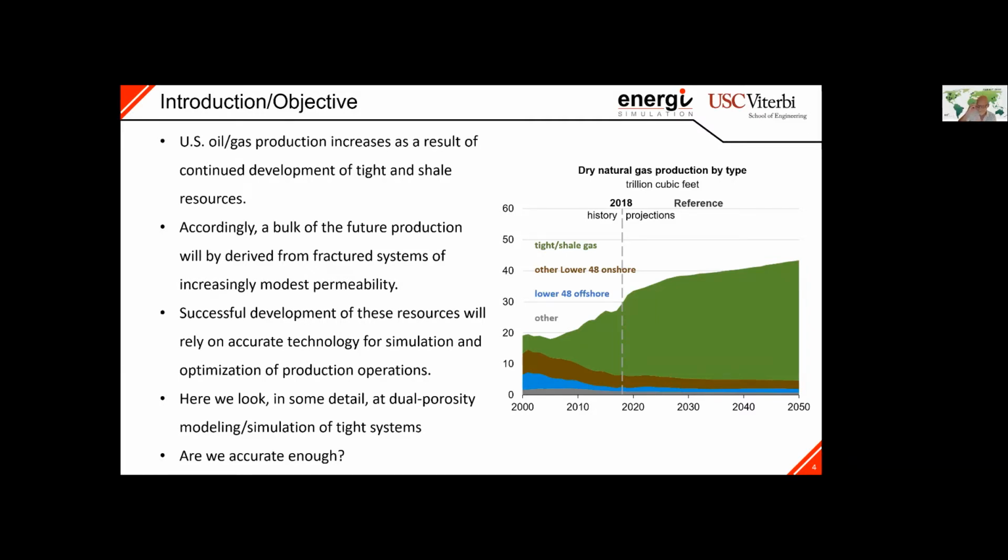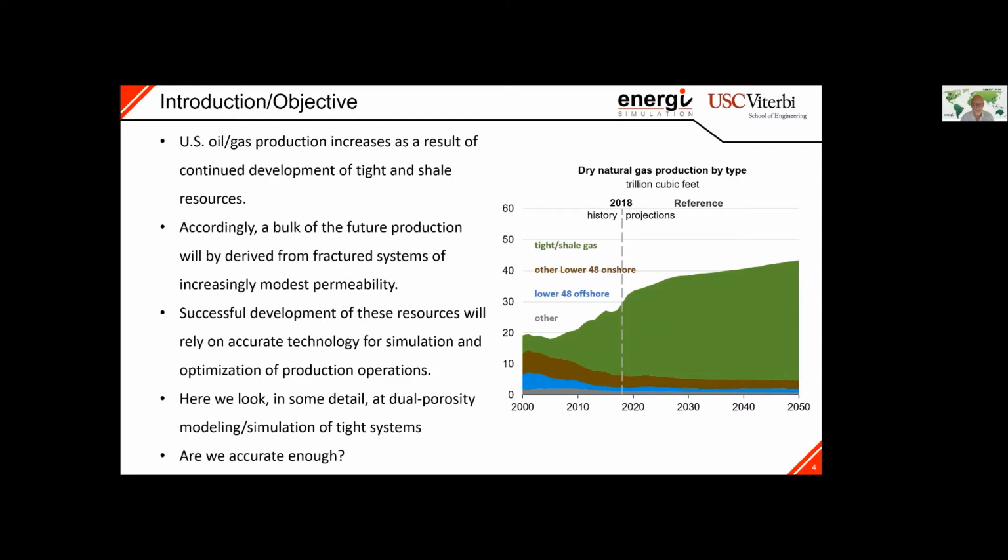Okay. And once we go there, we'll find that a bulk of the production will come from systems that are fractured, either intentionally or unintentionally, and of, I call it, increasingly modest permeability. So increasingly low permeable settings.